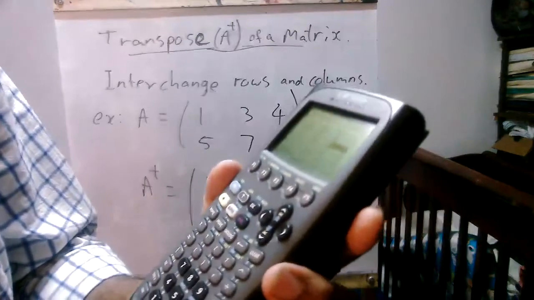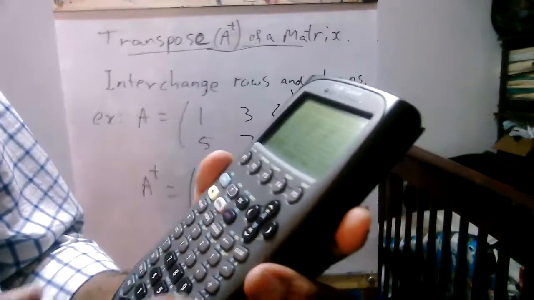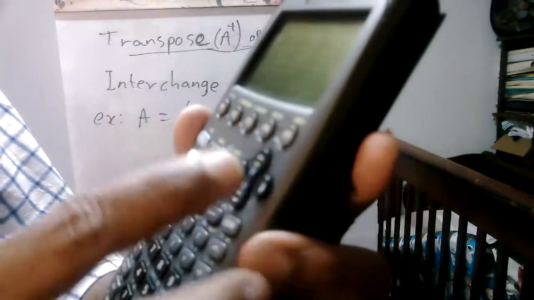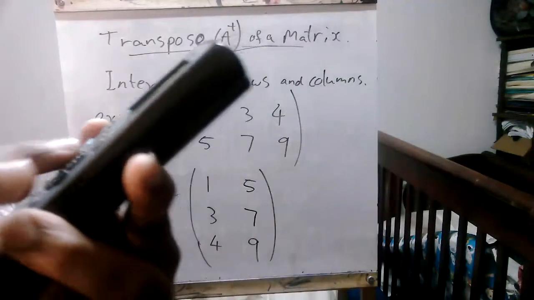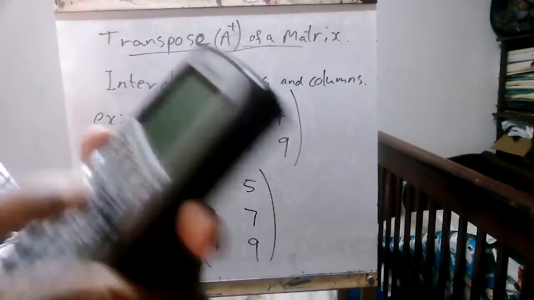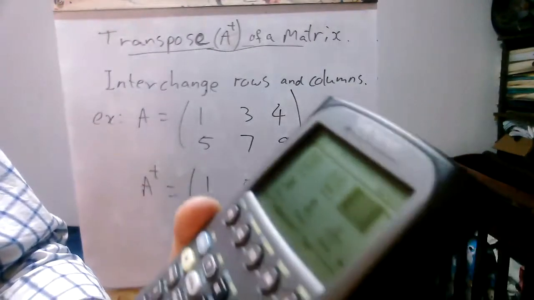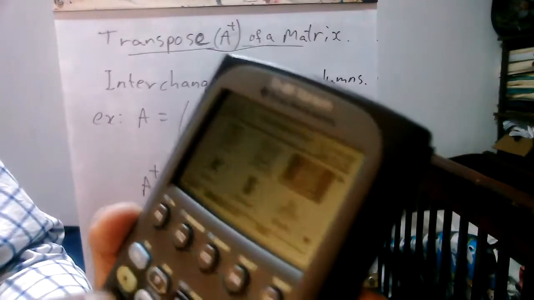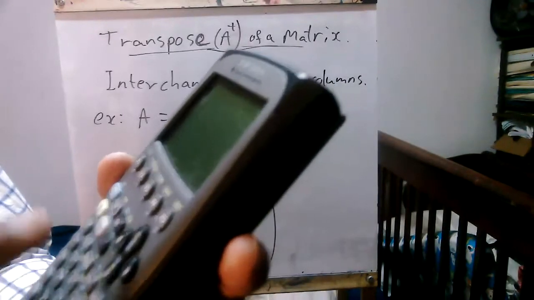I enter that. Now that's my matrix. Then I quit here. Second quit.